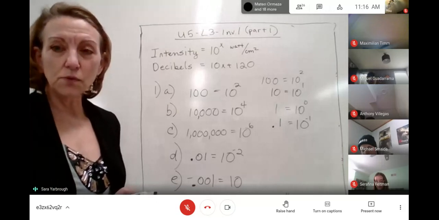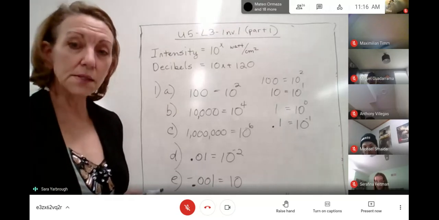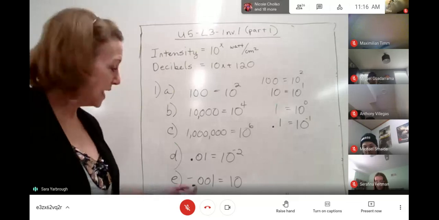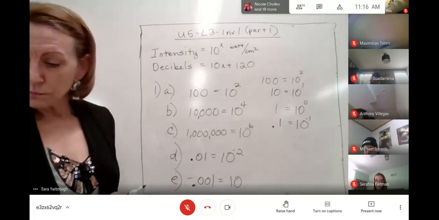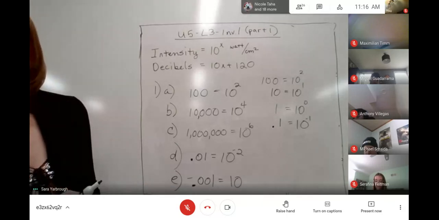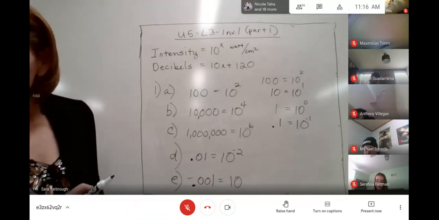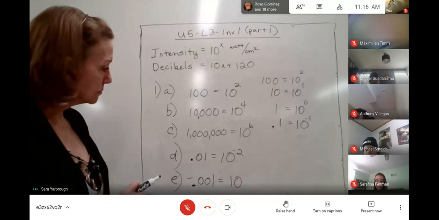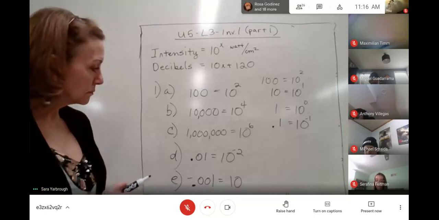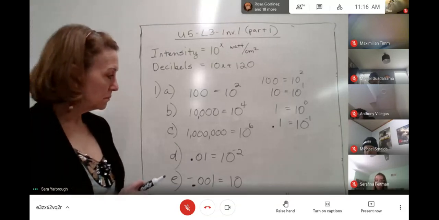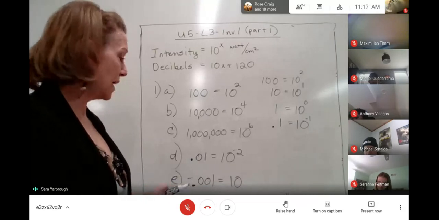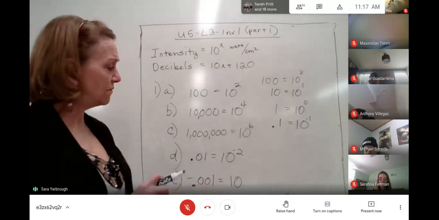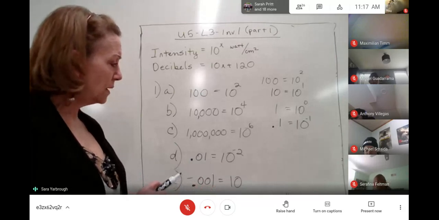Is it possible to raise 10 to some power and get a negative number? I mean, you could experiment on your calculator. It's a small number. Seems like the exponent would be negative.